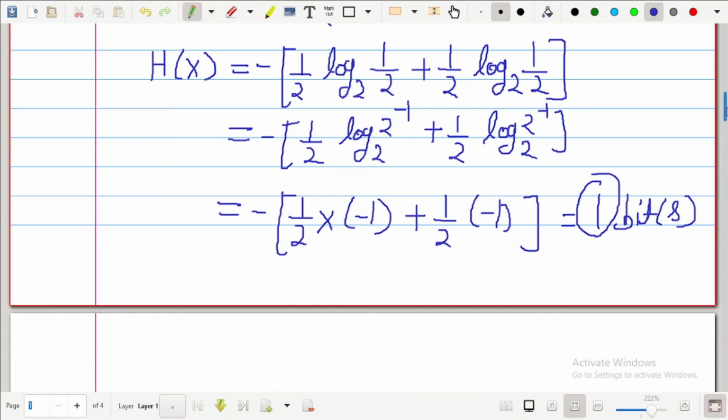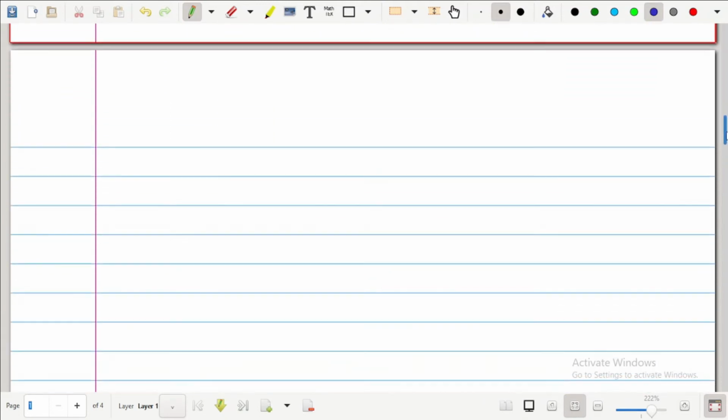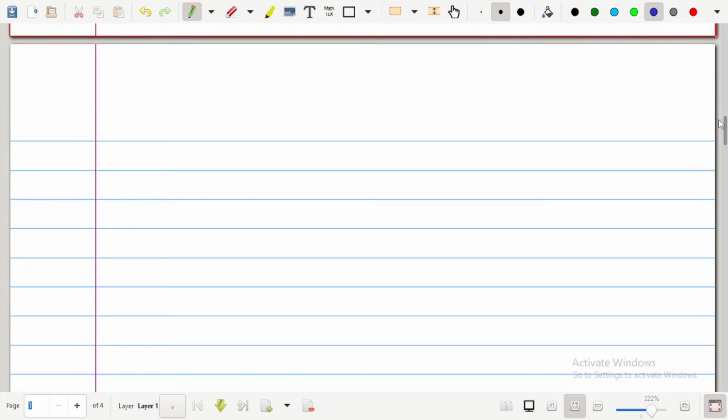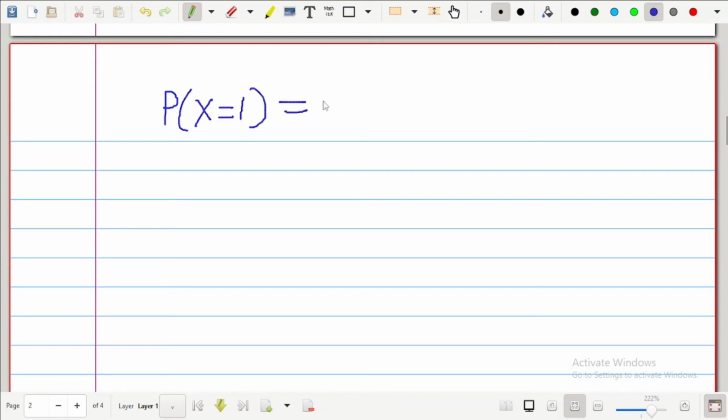Now let us see how it measures uncertainty. Suppose that your coin is biased and probability of getting head is 2/3, and probability of getting tail, that means X is equal to 0, is 1/3.